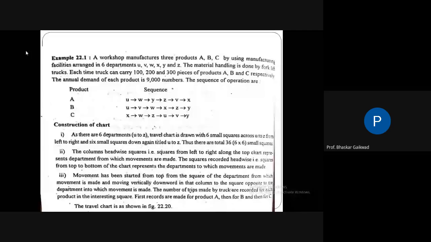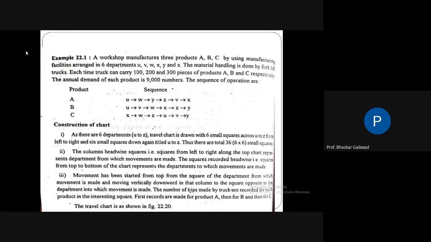One industry is there, and in that industry they are manufacturing three products A, B, C, and six departments are there, and they are using material handling like forklift trucks. Each time the truck can carry 100, 200, and 300 pieces of A, B, C. Annual demand of each product to be handled is 9,000.